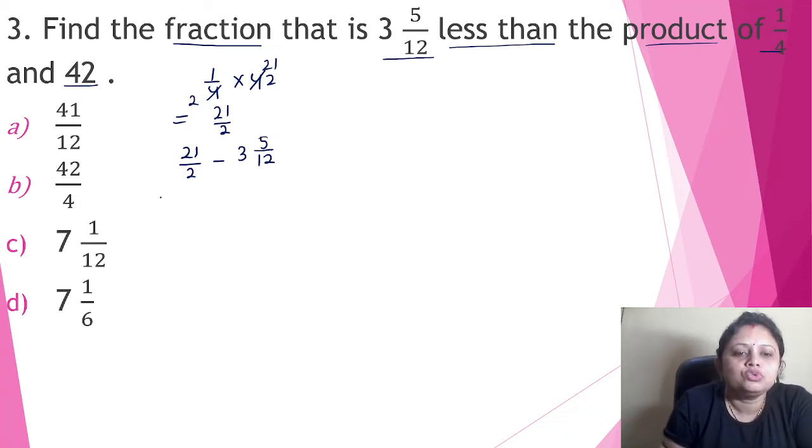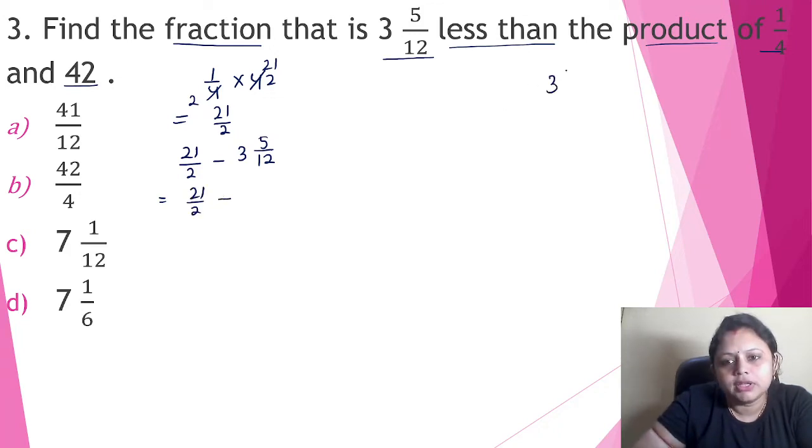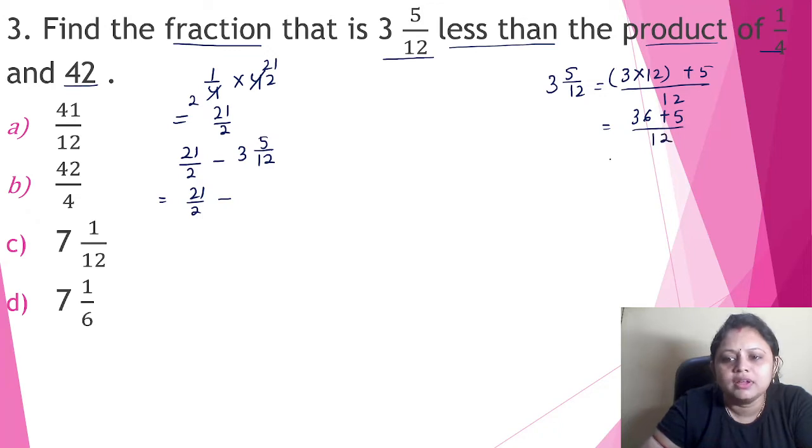That is 3 into 12 plus 5 by 12, which is 36 plus 5 by 12, that is equal to 41 by 12.